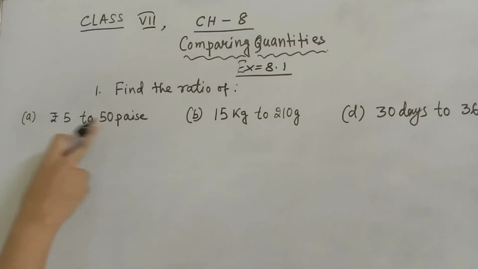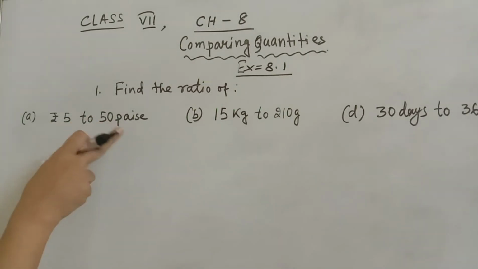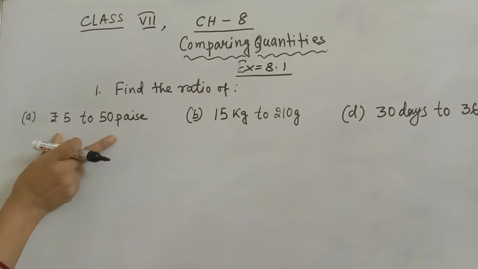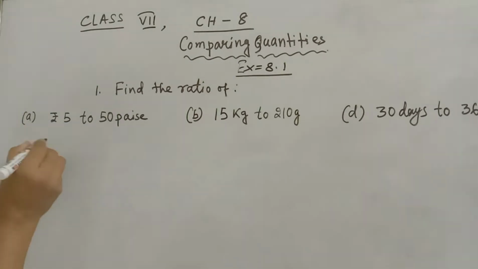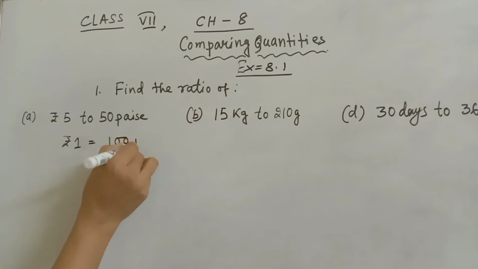You know that we have to convert the two units into the same unit, as one is rupees and the other is paise. So it is better to convert both units into paise. You know that rupee 1 is equal to 100 paise.